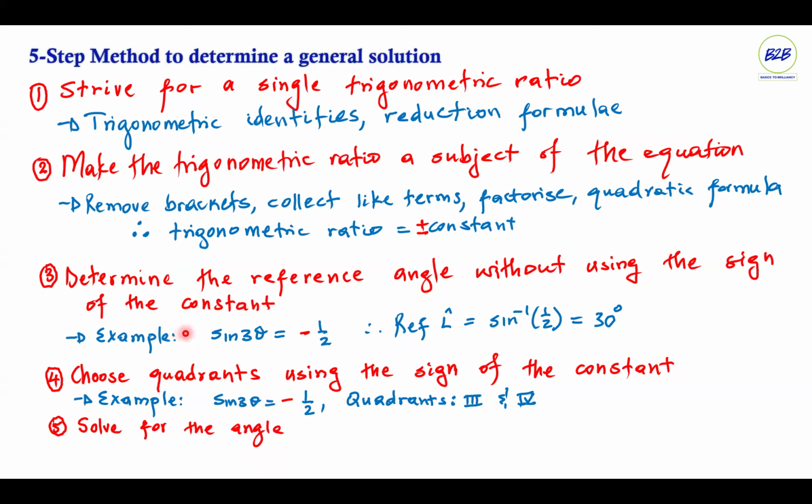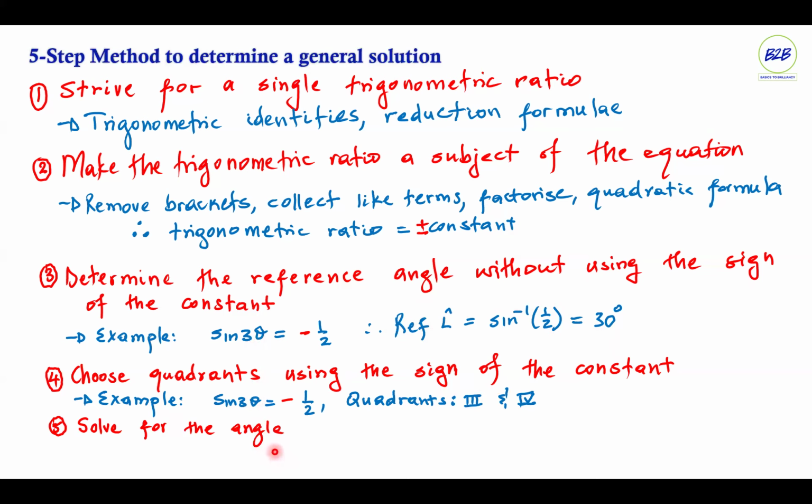But what I'm emphasizing at this point is that at step 3, you do not say 3 theta is equal to 30 degrees. No. You say reference angle is equal to 30 degrees. And then only at step 5 can you say 3 theta is equal to something.